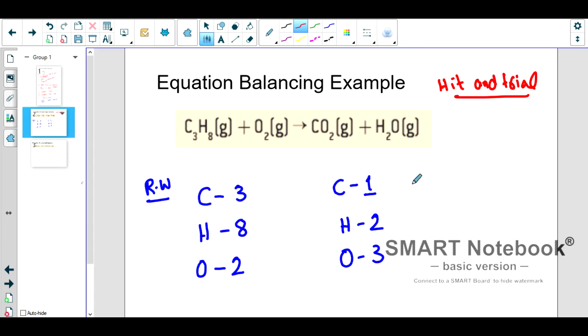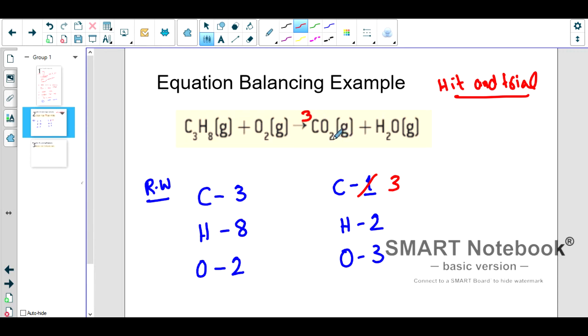It's easy to make 1 into 3. If you want to make 3 into 1, you have to use fractions, and it will make the calculation more complex. So you make this 1 into 3, by multiplying it with 3. Let's try. If we put a 3 here, it will make these carbons 3, but will also affect the oxygens, because there is oxygen here also.